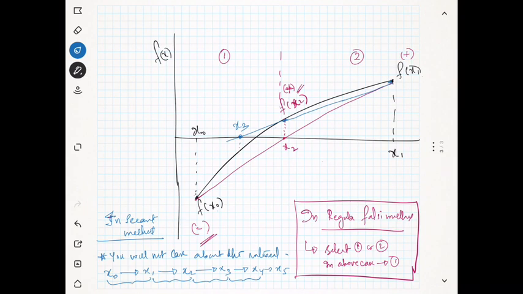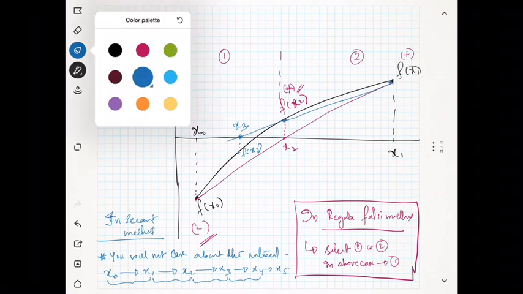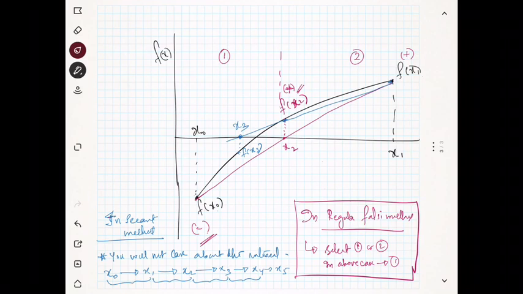Now at x3 we will find f of x3. Now we will draw the line between x3 and x2. Whenever you draw the line between x3 and x2, you will get x4 and you will find f of x4.